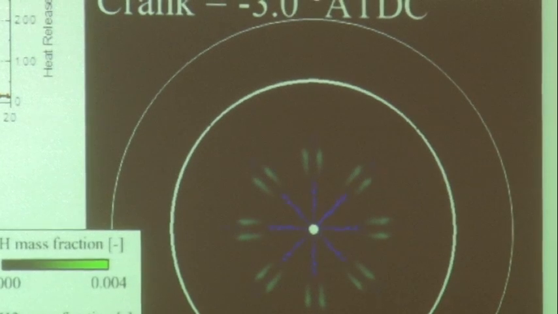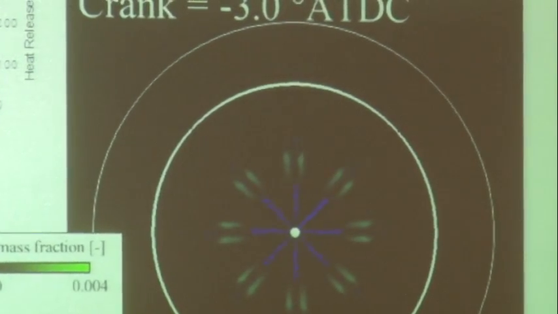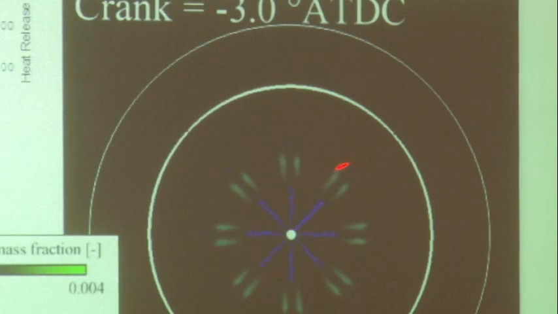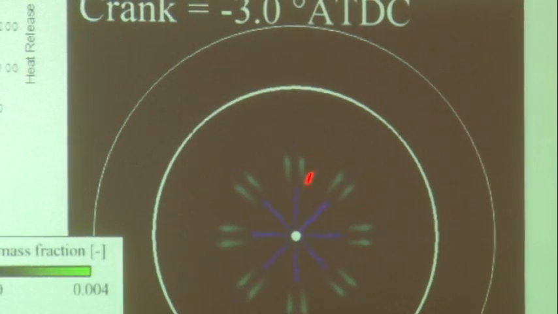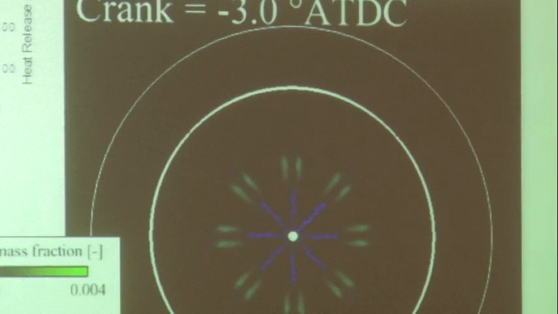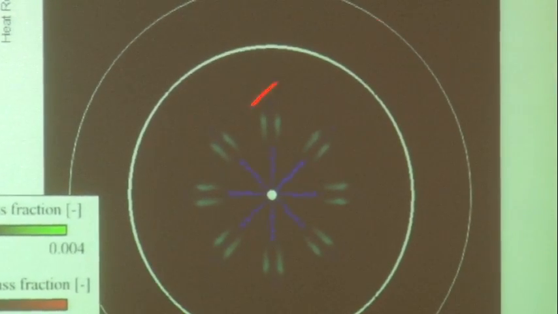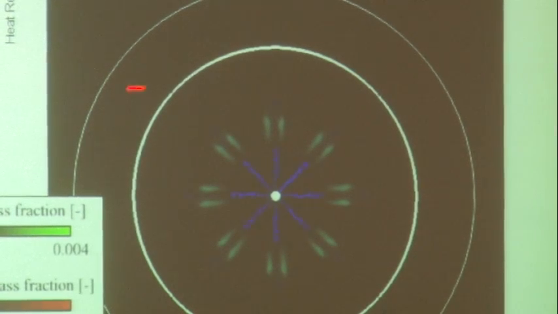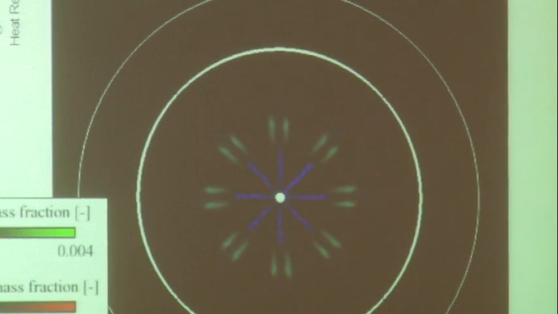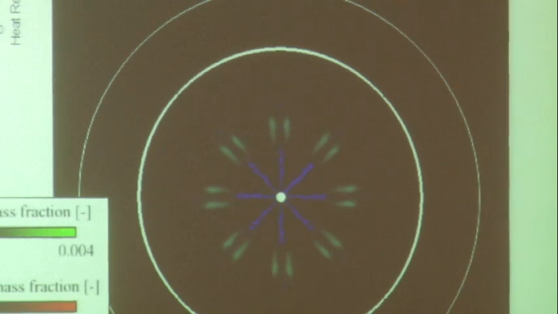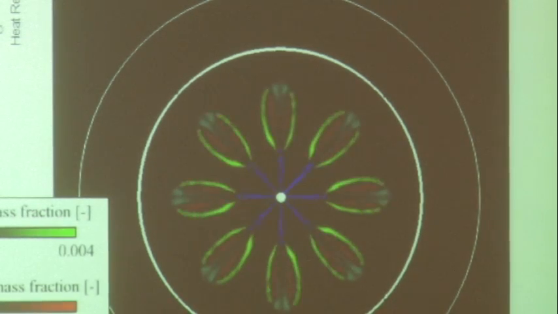And I'm going to stop this here just at the beginning of the premixed burn part. You can start to see some regions surrounding the injected liquid where there's evidence of aldehyde, formaldehyde starting to appear. That would be kind of the precursor to the second stage combustion.